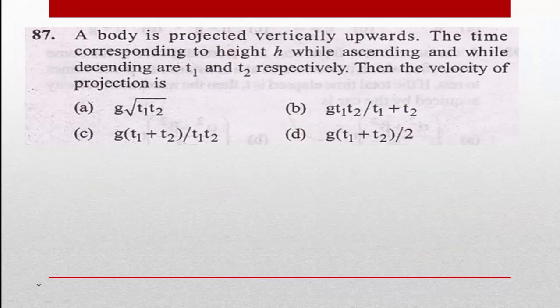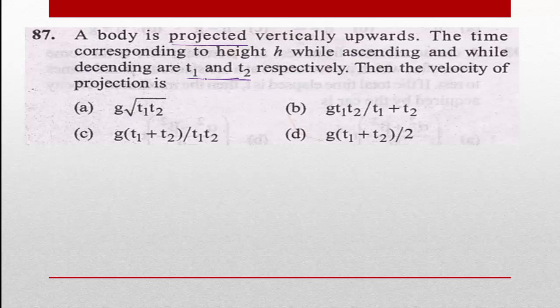And the next question, number 87. A body is projected vertically upwards. The time corresponding to height h while ascending and descending are T1 and T2. The velocity of the projection is?